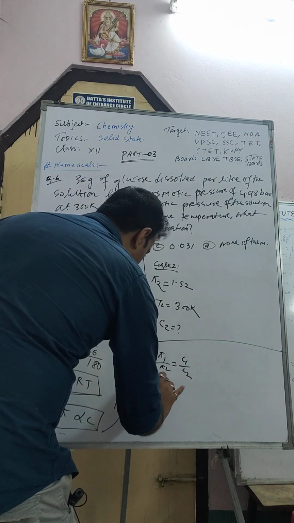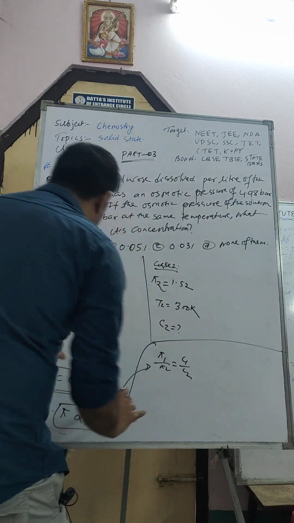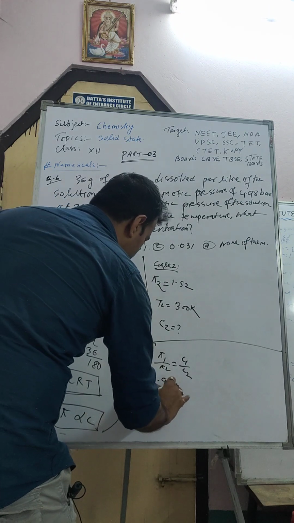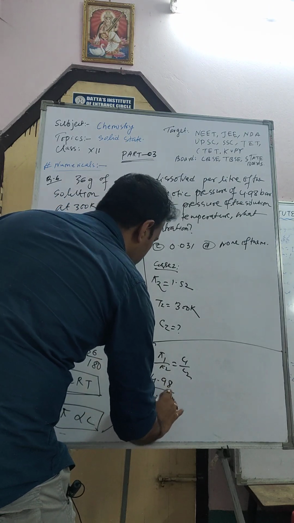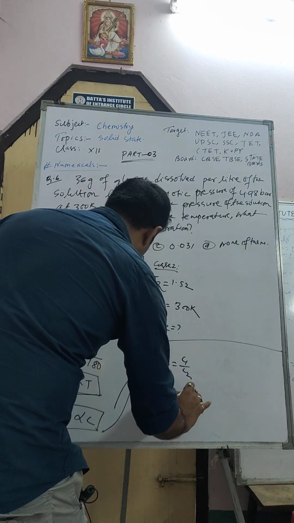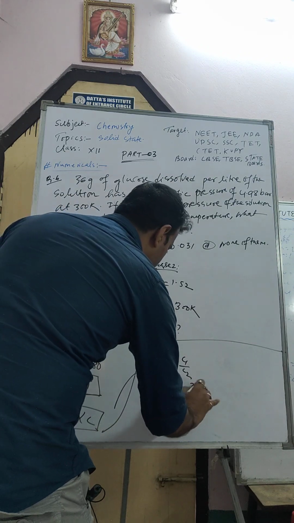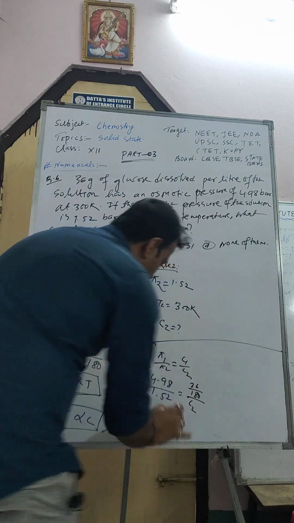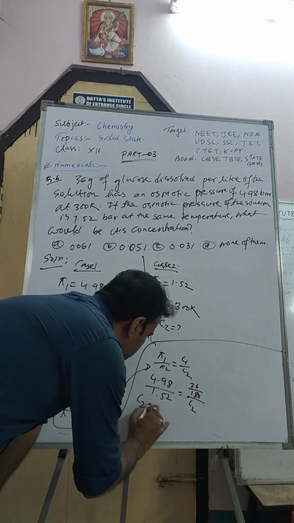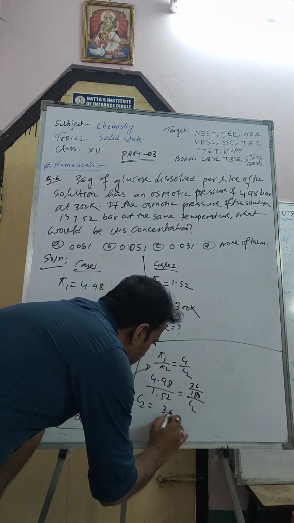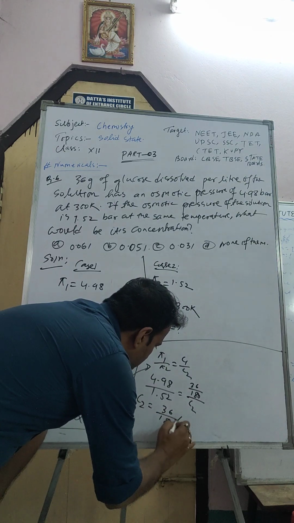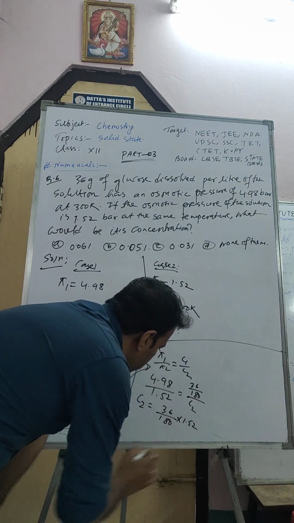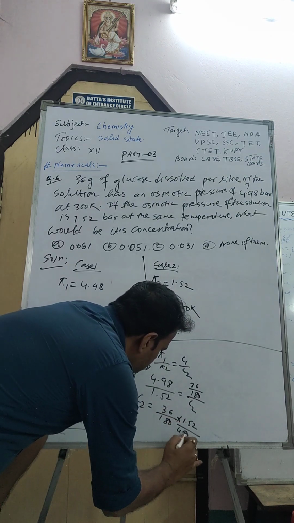Pi 1 is 4.98, and pi 2 is 1.52. C1 is 36 by 180, divided by C2. So C2 will be 36 by 180 into 1.52 divided by 4.98.